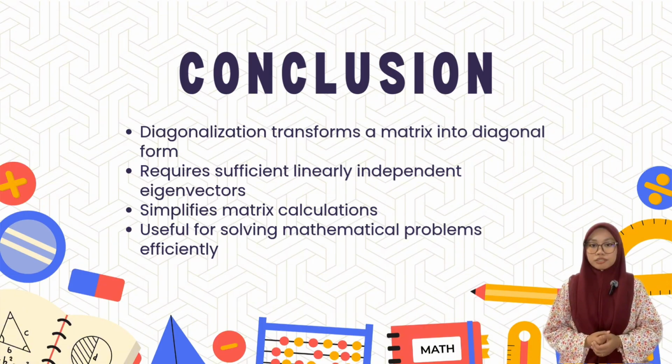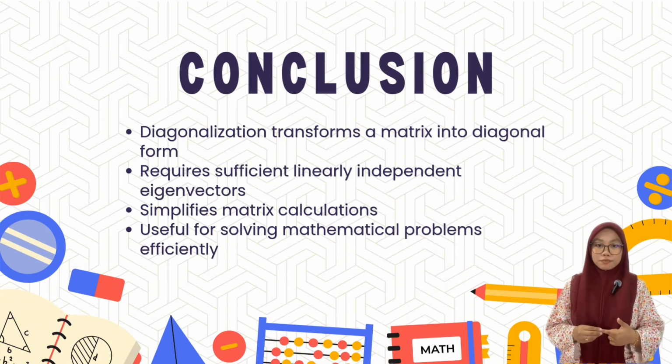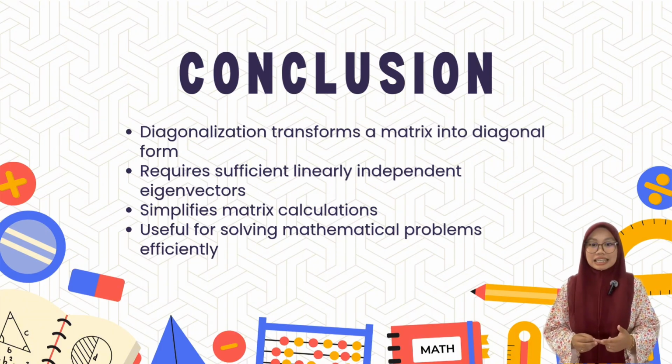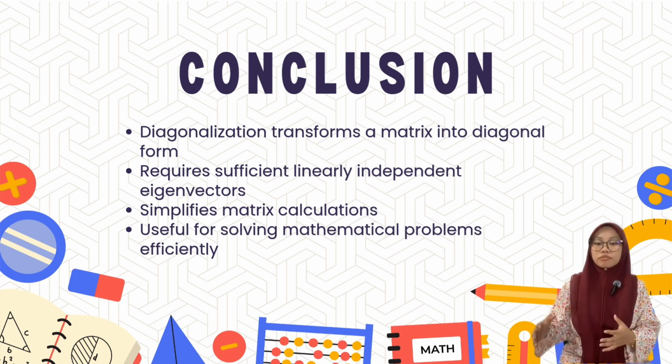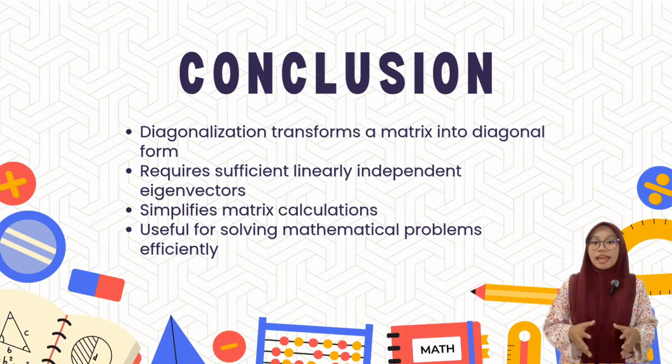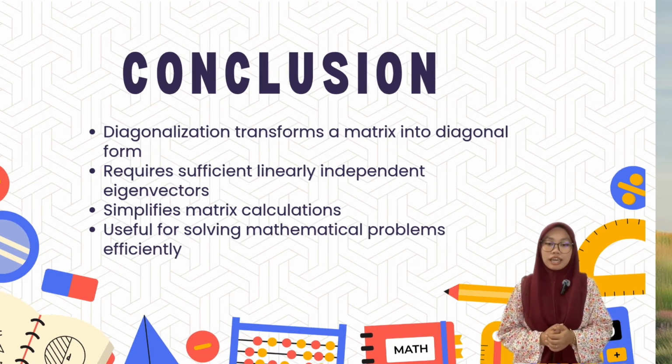Diagonalization is important because it simplifies many matrix operations, making calculations easier and more efficient. It is especially useful in various mathematical applications, such as solving systems of differential equations, computing powers of a matrix, and analyzing linear transformations. In conclusion, diagonalization provides a powerful method for simplifying complex matrix problems and improving computational efficiency.